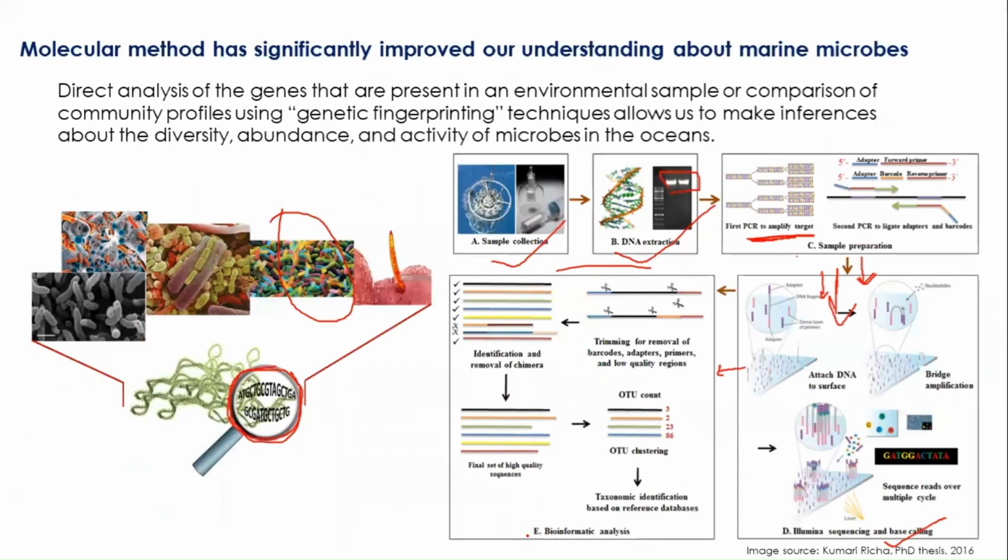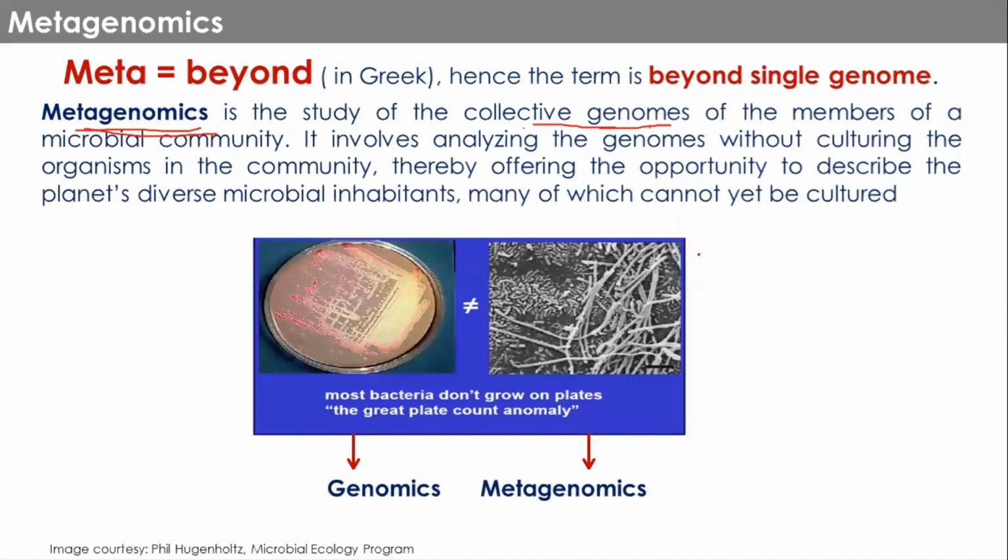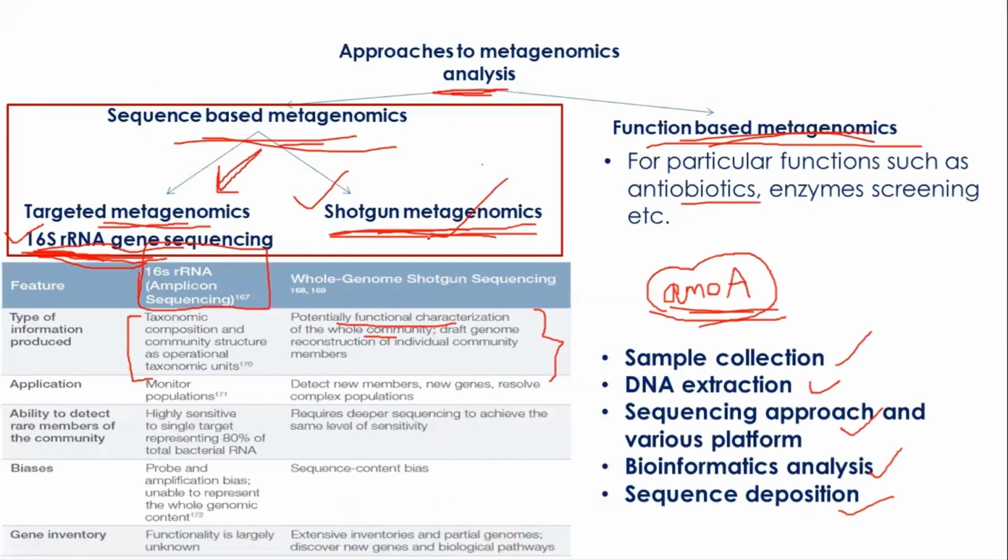In the molecular method, we have seen that the first step is to collect the sample, and then we do the DNA extraction. After the DNA extraction, we can directly go to the sequencing, that forms a part of the environmental metagenome, that is shotgun metagenome sequencing. And if you are going for a specific region, that can be called a targeted metagenome.